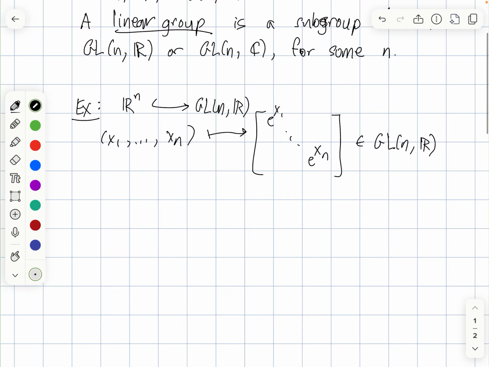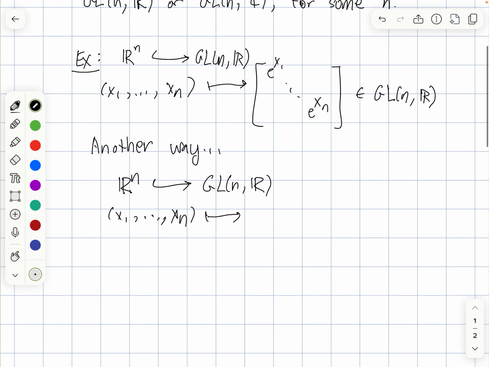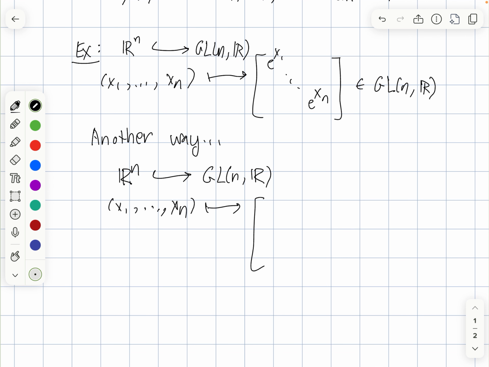Another way to view Rn as a subgroup of GLNR is to embed it this way. This is another homomorphism. You take your tuple x1 to xn and then assign to it the matrix.